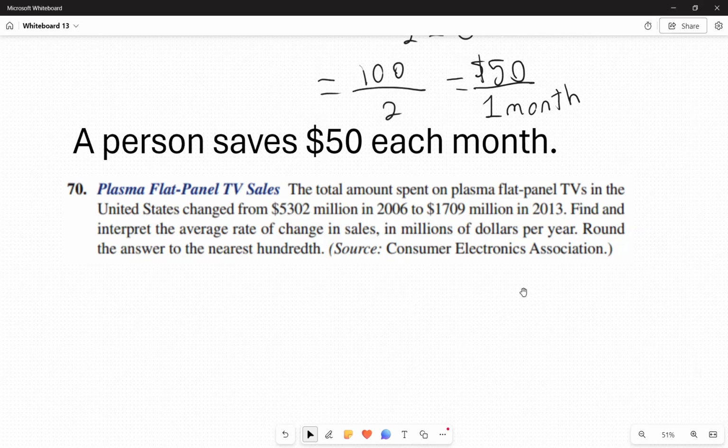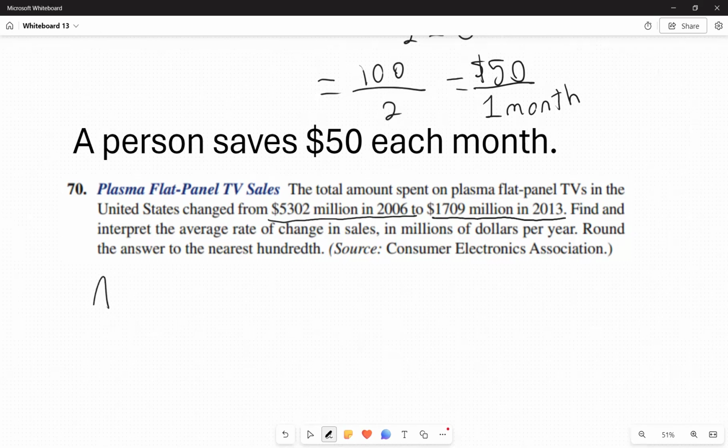Okay, so we have 2 points. We can see that it was 5,302 million in 2006, or 5.3 billion, and 1,709 million in 2013.